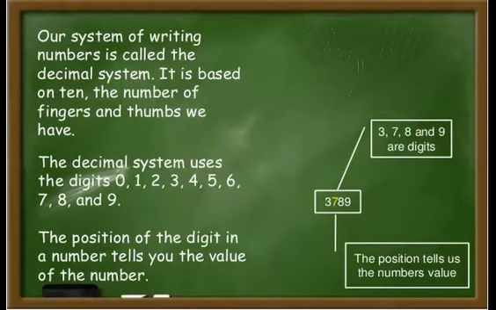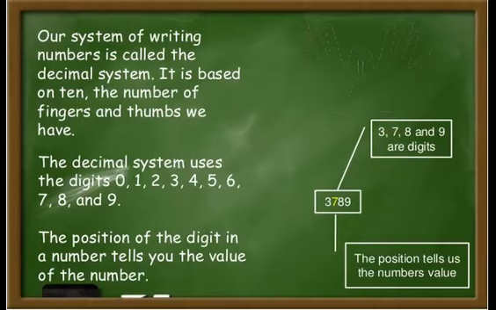So by taking all of these digits, we can make any number. The position of a digit in a number tells you its value. That means whenever we get any number, the position of that digit tells us the value.